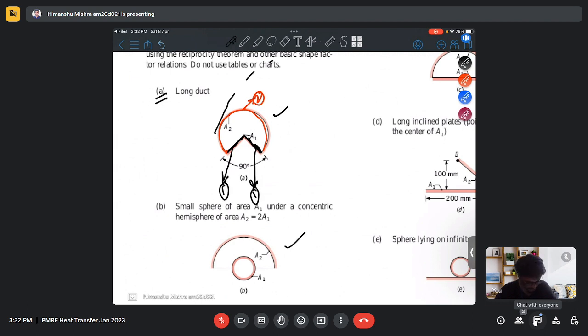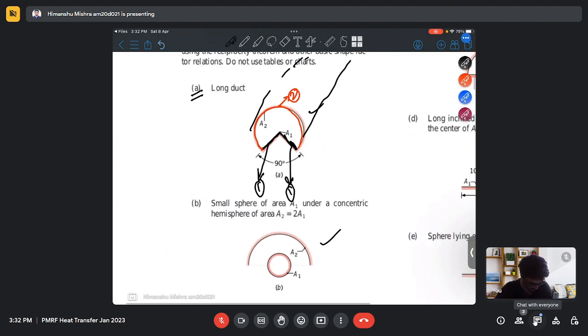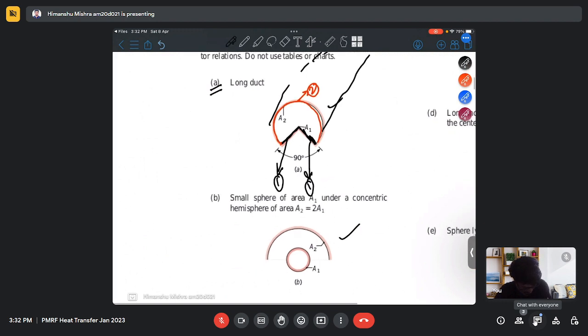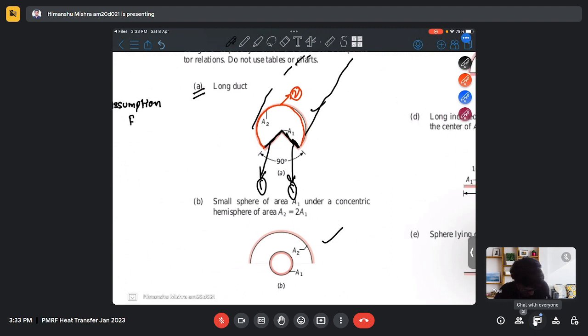And this is a long duct. So by inspection, we are using the assumption that the view factor F12 is 1.